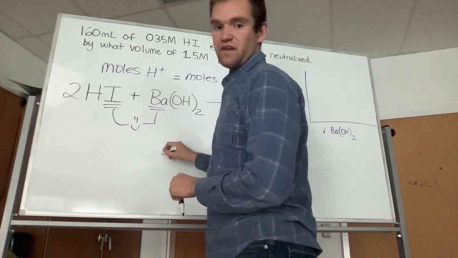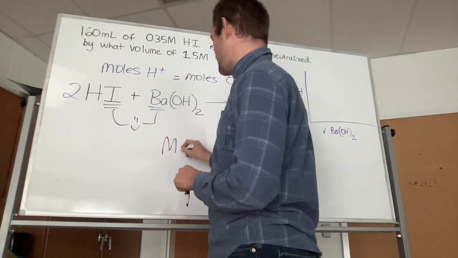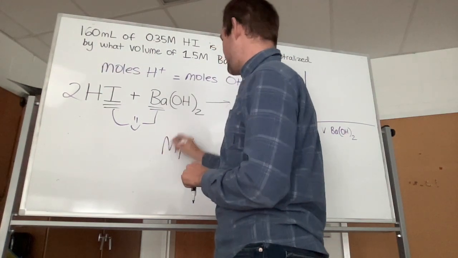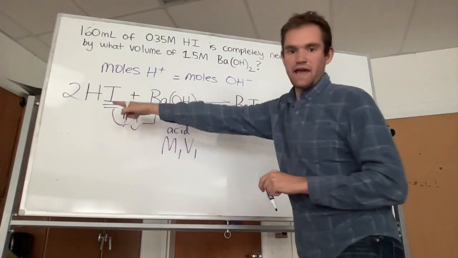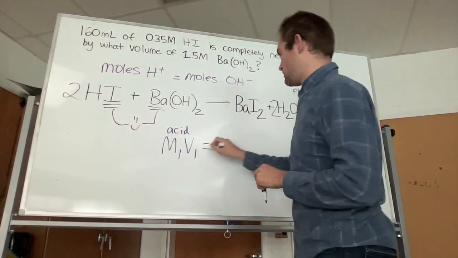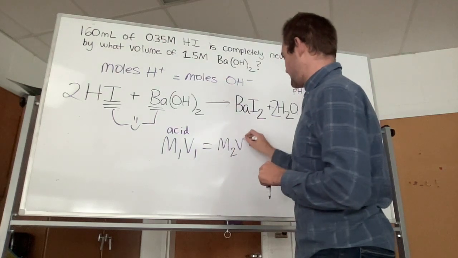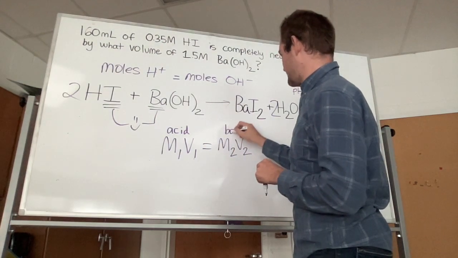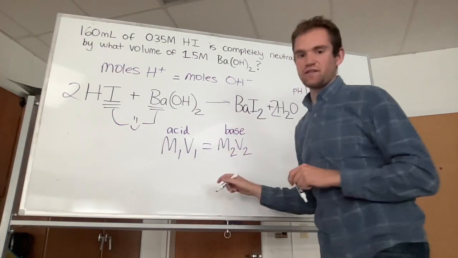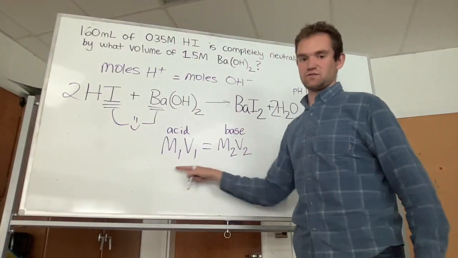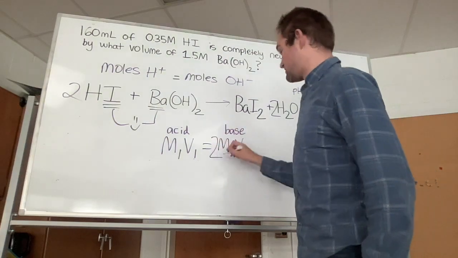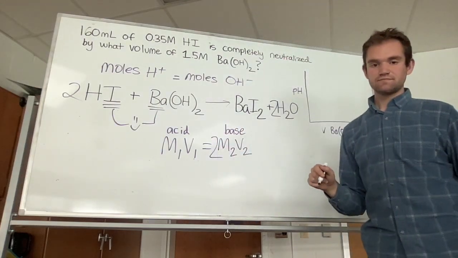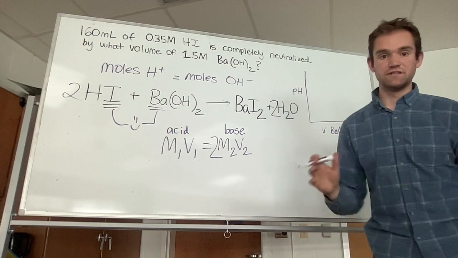Some of you know this as M1, so I'm going to do M1V1, and this is my acid. That's my HI, equals M2V2 of my base. But we said we either have to halve the acid, so divide by 2, or double the base. Either way, it's the same. Let's double the base. Now we just plug numbers in and we solve.